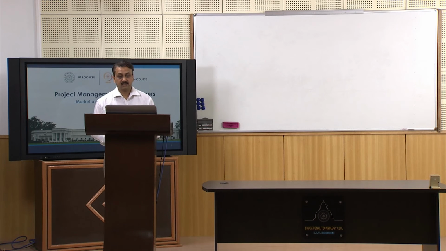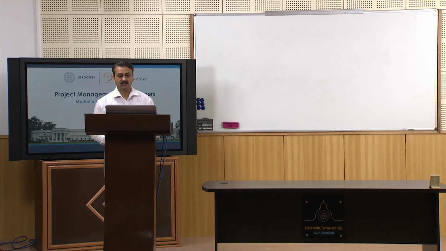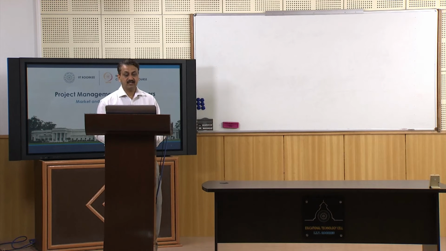You can have either a single equation model or a simultaneous equation model. If you look at the single equation model, this is a very simple model. You will have one variable, the dependent variable also known as the explained variable, and the independent variable also known as the explanatory variable. Explained means dependent and explanatory means independent variable.